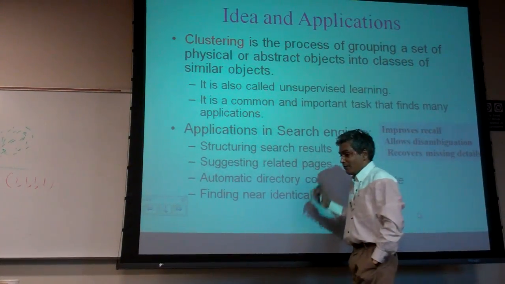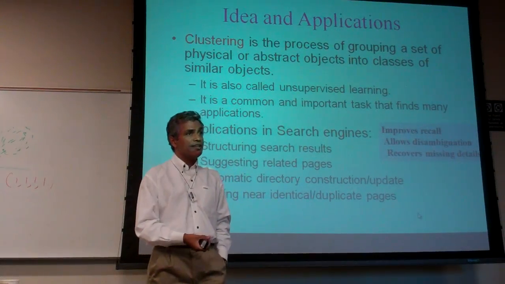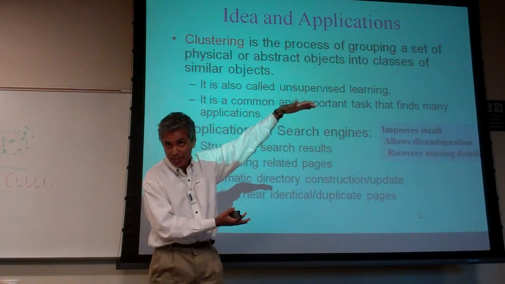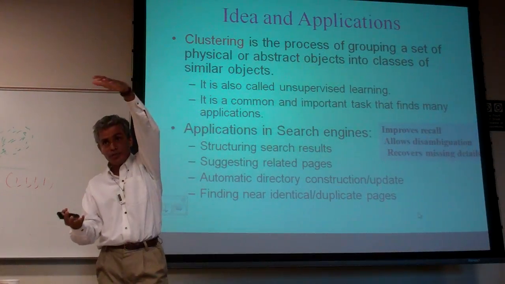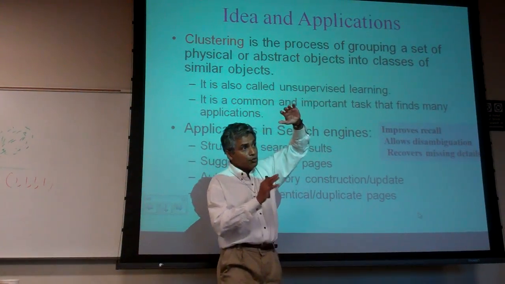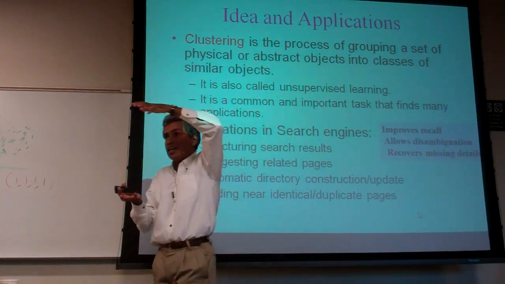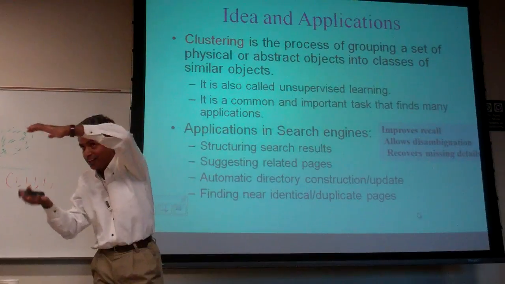For example, if I had said Bush, there may have been in the top 1,000 results some number of George Bush results and some number of Kalahari Bushman results. Hopefully, if my clustering is good, it would have picked all the George Bush results as one cluster, and all the Kalahari Bushman results as another cluster.